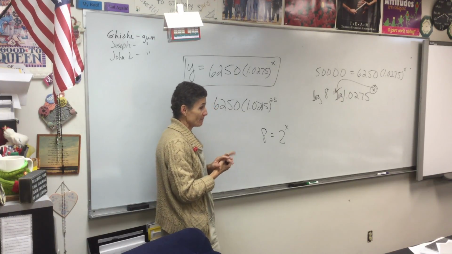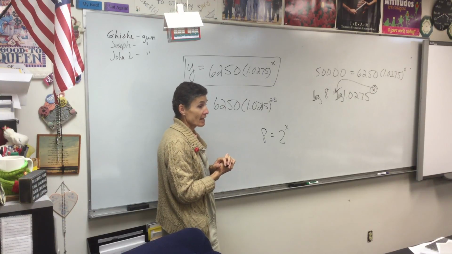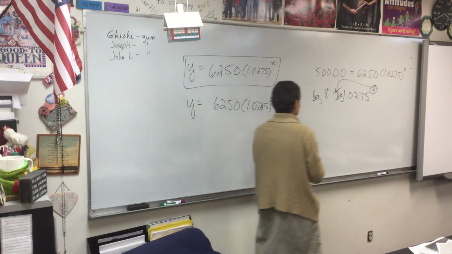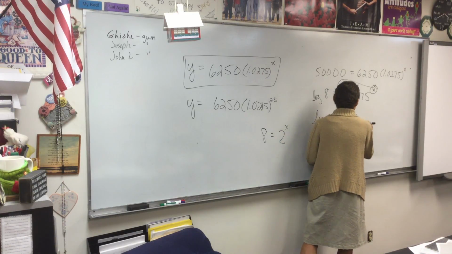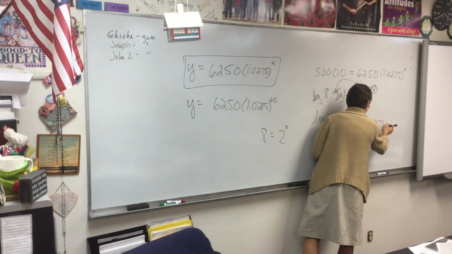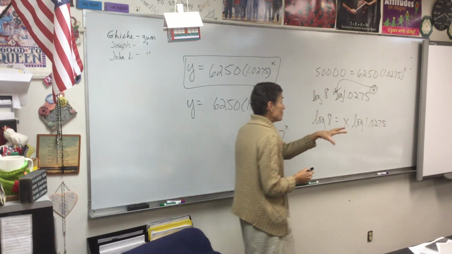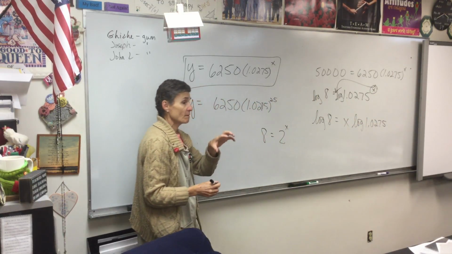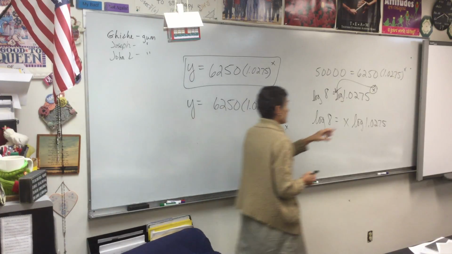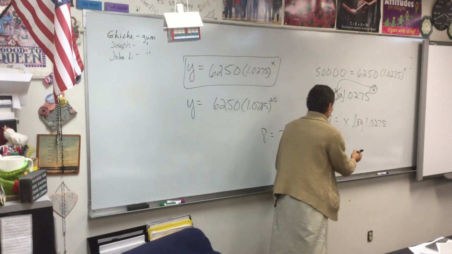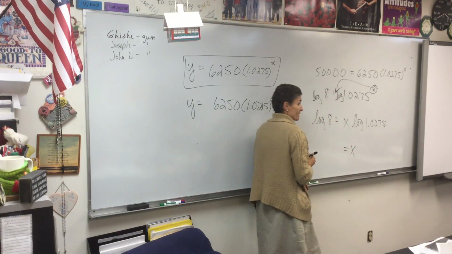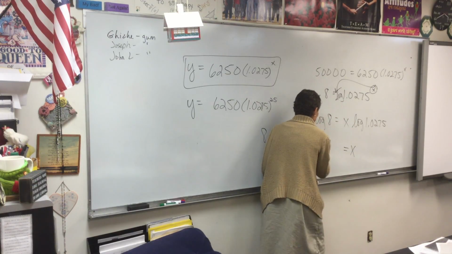Hollis and Ludington would not be proud at this moment, people. The exponent comes out in front. So we have log 8 equals x log 1.0275. The beauty of taking the logarithm of something to a power is it's no longer a power, it becomes a coefficient. So now to figure out what x is, it's a simple division problem.